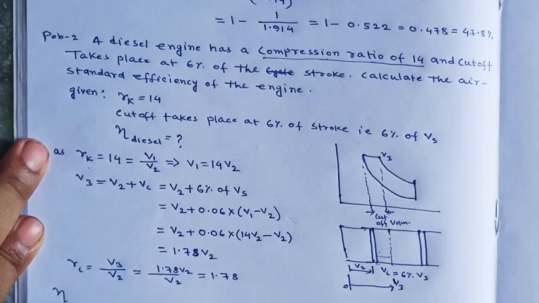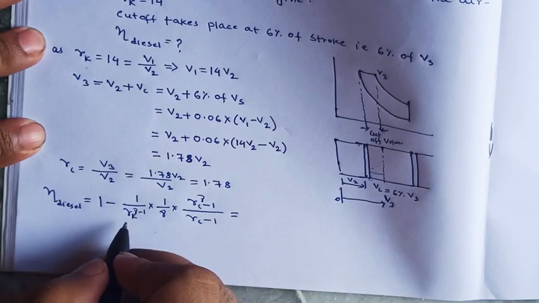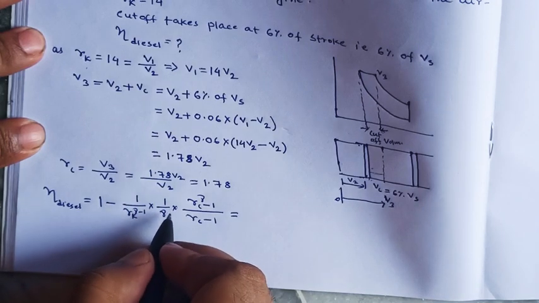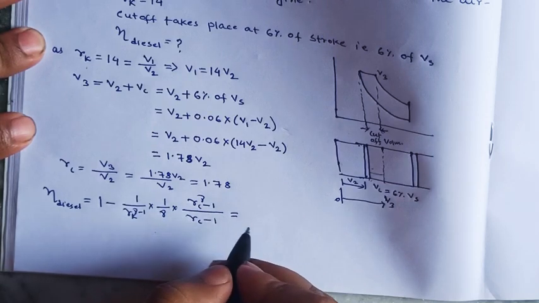So we can find the efficiency of the diesel engine. The formula of efficiency of the diesel cycle is 1 minus 1 by Rk to the power gamma minus 1 into 1 by gamma into Rc to the power gamma minus 1 by Rc minus 1.